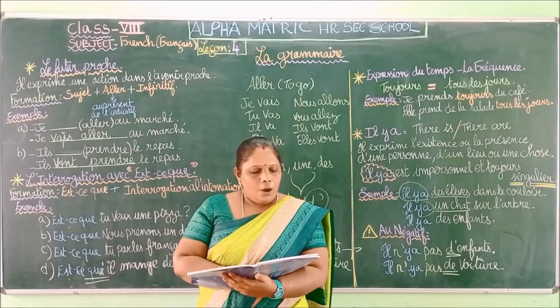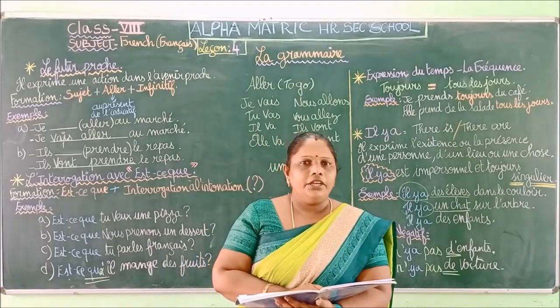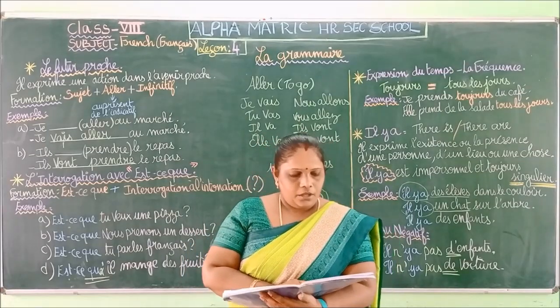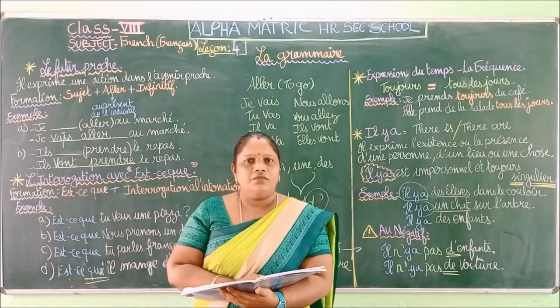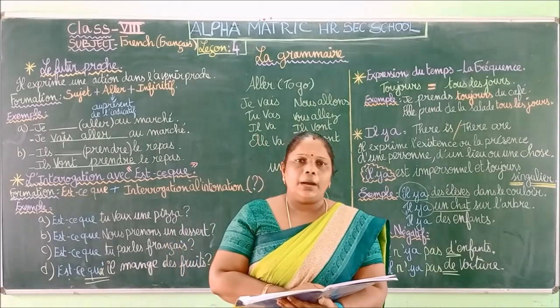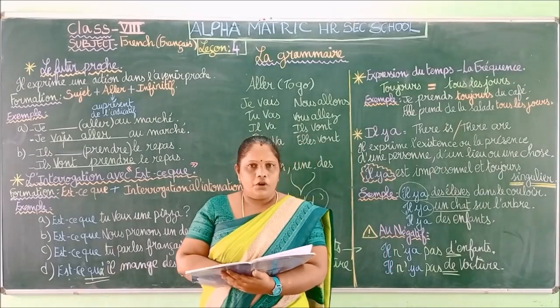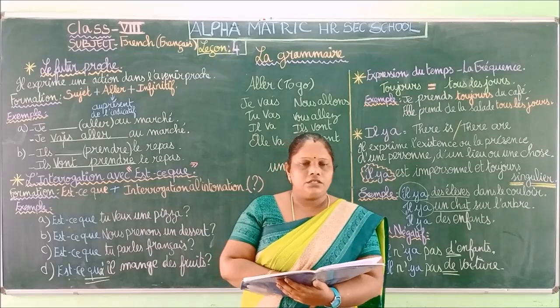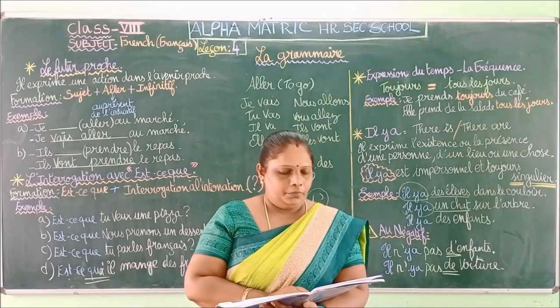Next one, mon père commande pour nous. My father is ordering for us. Next one, mon père n'apprécie pas le service. My father does not appreciate the service. Okay, so this boy is serving the dishes and my father is not appreciating him.